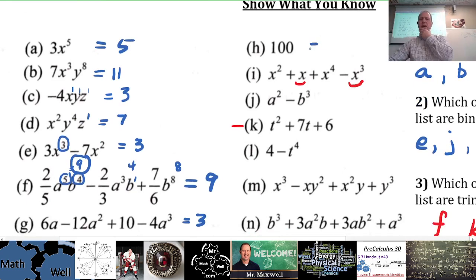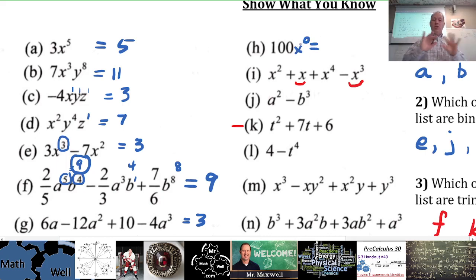What's the degree here? I heard 1, I heard 0. Remember, the key is exponents on variables. What's the variable in this? There is no variable. If there was a variable, what would the exponent on that variable be? It would have to be 0 because it doesn't show up.